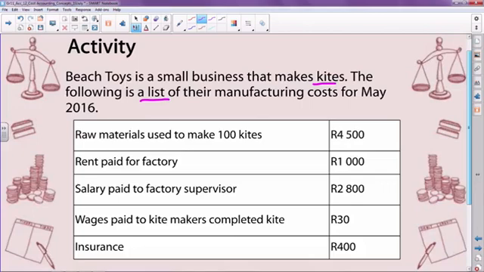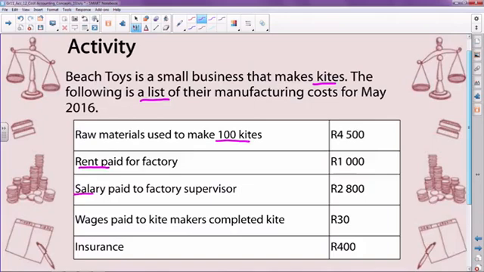Okay, so from the information that is given, raw materials used to make 100 kites. So the total raw material used is 4,500. Then you're given rent paid for the factory is 1,000 Rand.